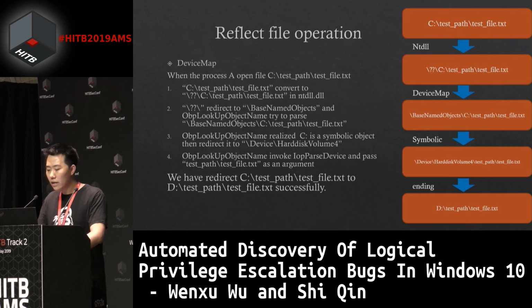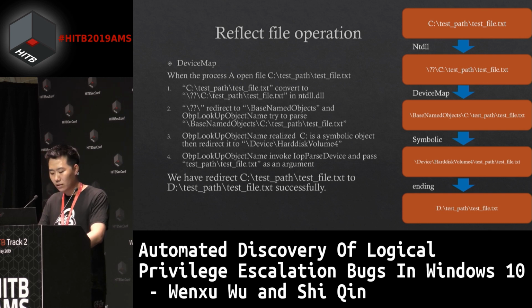When process A opens the file C test path test file, firstly, C test path test file will be converted to double question mark C test path test file in ntdll.dll by RtlDosPathNameToNtPathName.